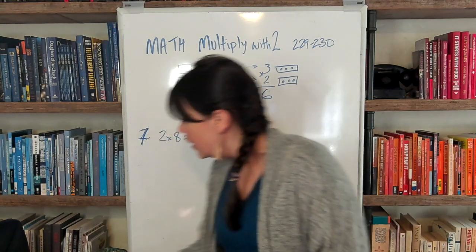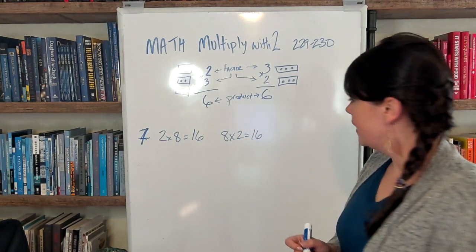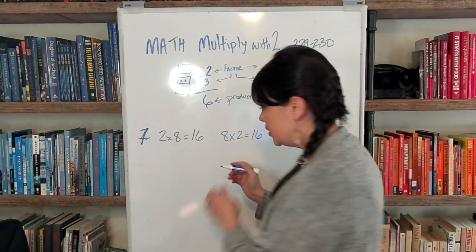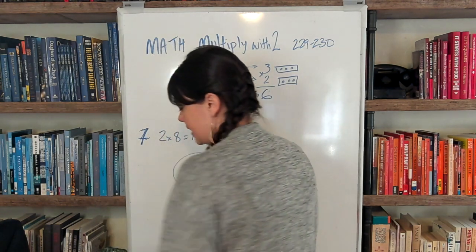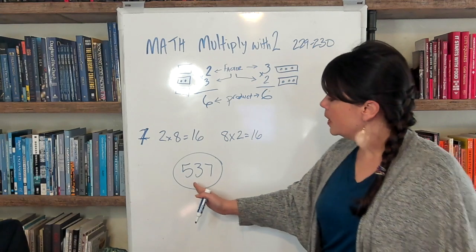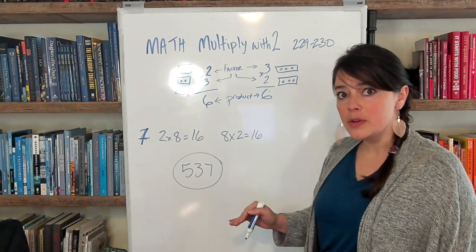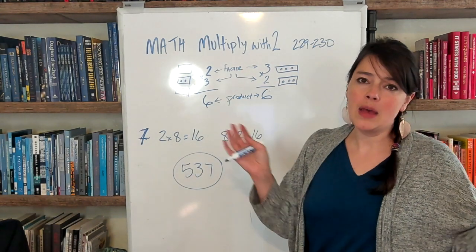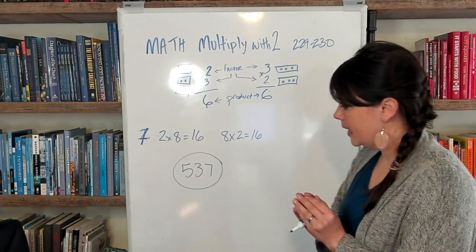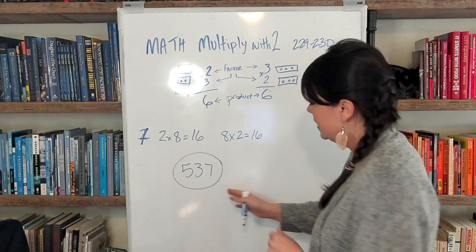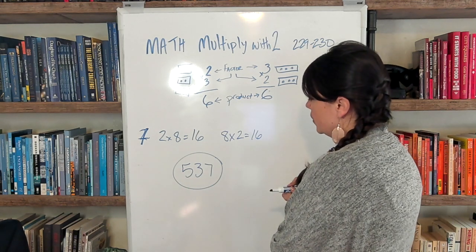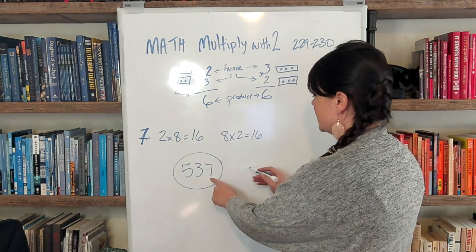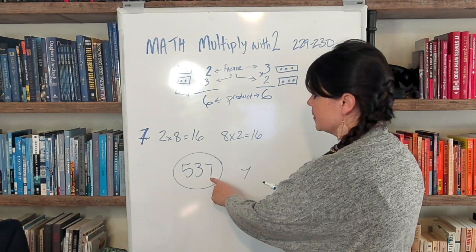And then the very bottom, as a review thing, they're going to give you some digits. 5, 3, 7. And then they want you to look using only these numbers. What's the biggest number you can make and what's the smallest number you can make? Okay, or greatest or least. If you're using only these numbers, the biggest number you could make, you'd want to use the biggest number first in the hundreds place, right?